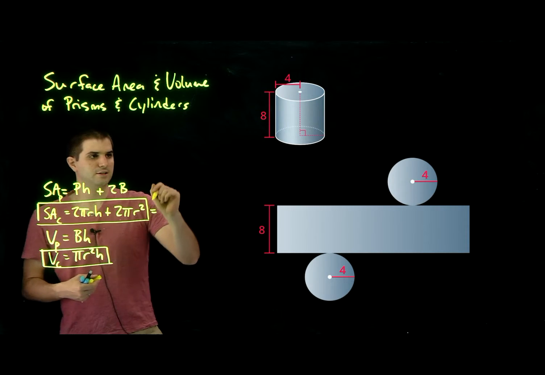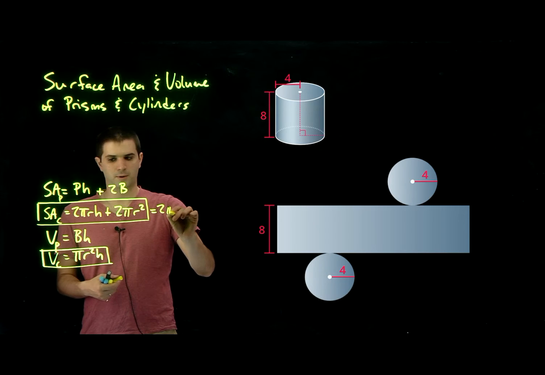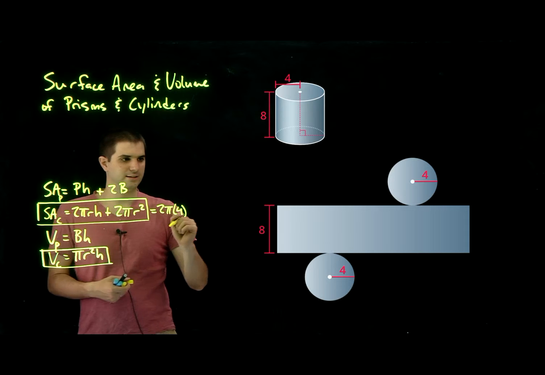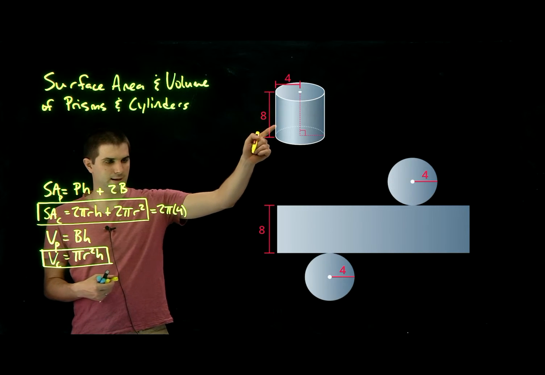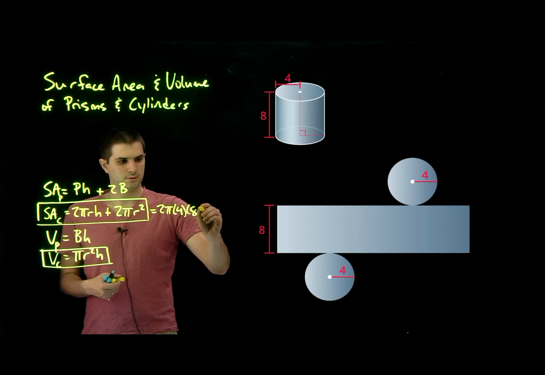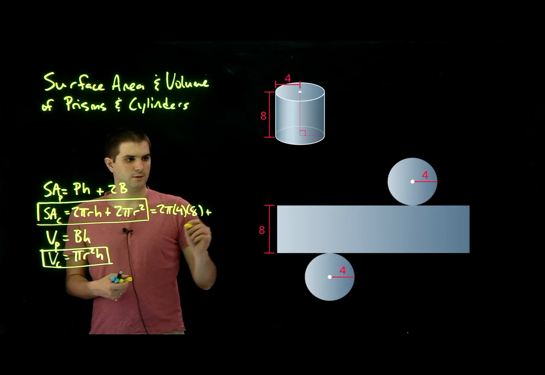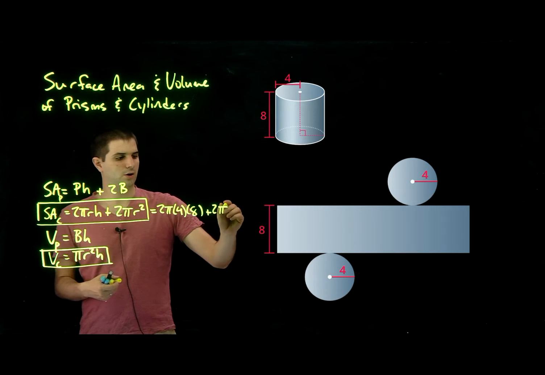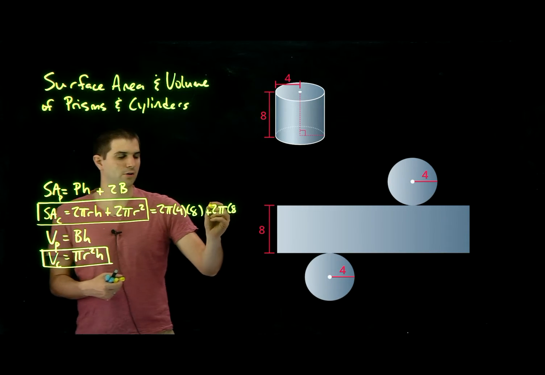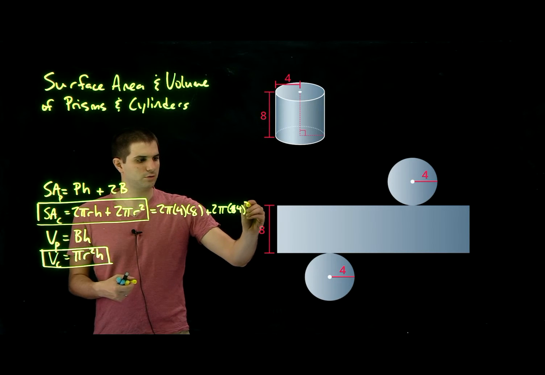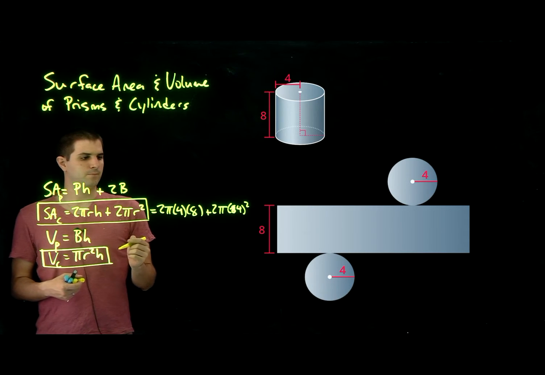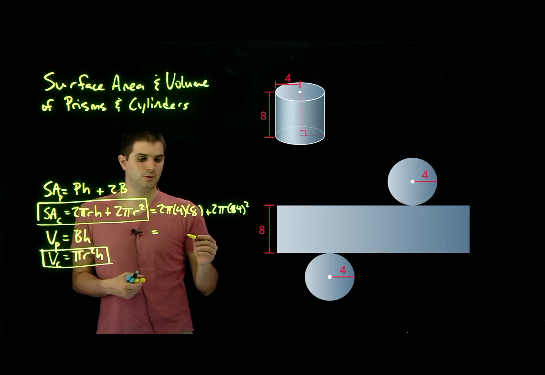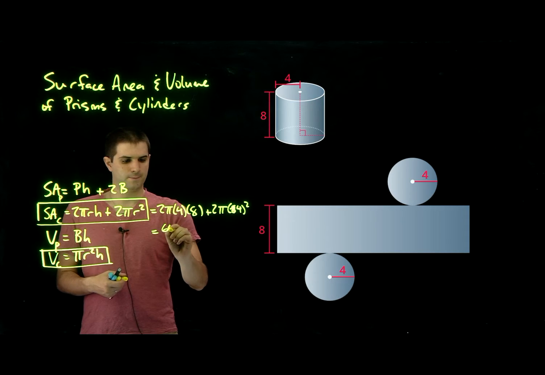The surface area is going to be 2 pi, again r is 4, h is going to be, that looks like 8, plus 2 pi r squared. 2 pi and r is 4 squared. Now we just have to simplify this. 4 times 8 is 32. 32 times 2 is 64 pi.